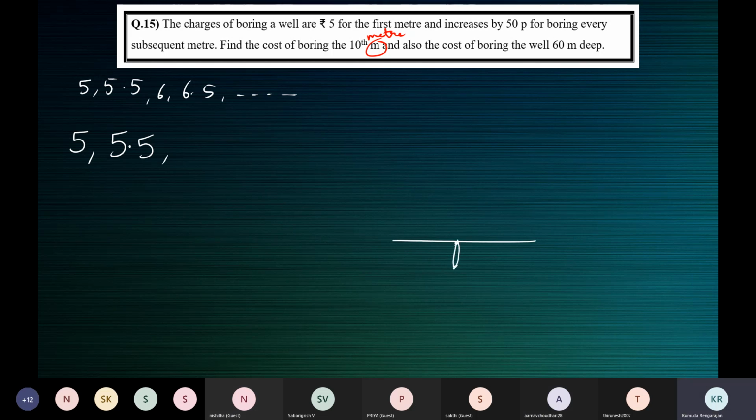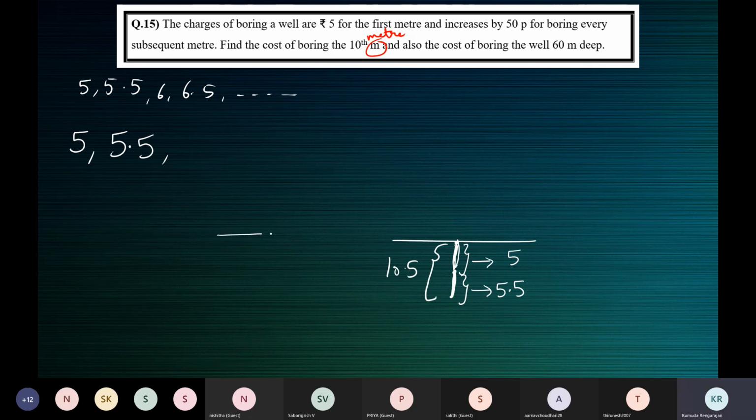This is the first meter. Go still down. This is the second meter. For boring the first meter, it's 5 rupees. For boring the second meter, it is 5.5. For boring the 2 meters, it is 10.5 rupees.